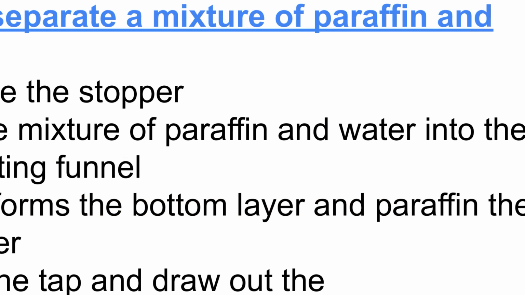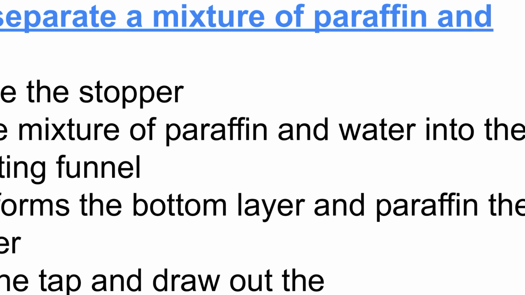How to separate a mixture of paraffin and water? Let us look at the best procedure. Now, the first thing to do is to remove the stopper from the separating funnel. Then add the mixture of paraffin and water into the separating funnel. Now, of course, water forms the bottom layer and paraffin forms the top layer.